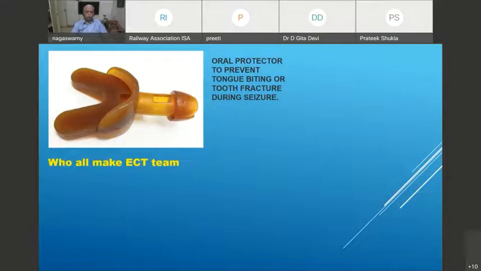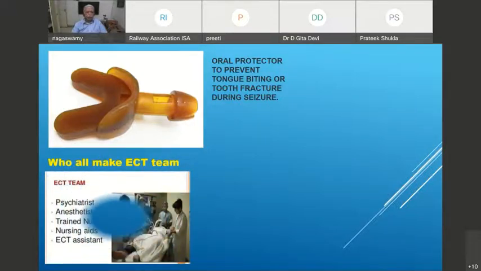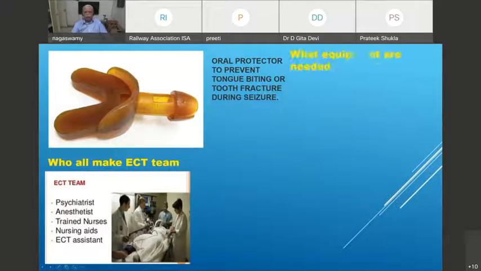So who are all the people required for an ECT team? Electroconvulsive therapy is not a single person like an anesthetist and surgeon alone. Which team forms that? Psychiatrists, anesthetists, trained nurses, nursing aides, and ECT assistants. So all these people are involved. And what equipment is needed for giving anesthesia for ECT?